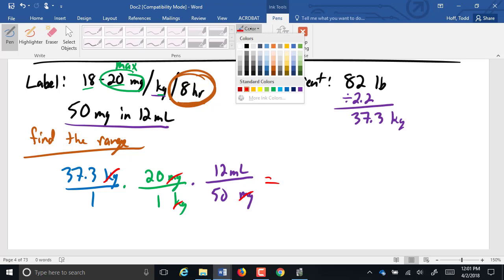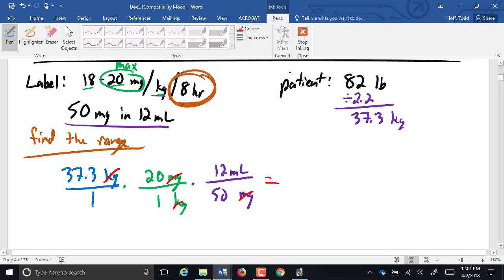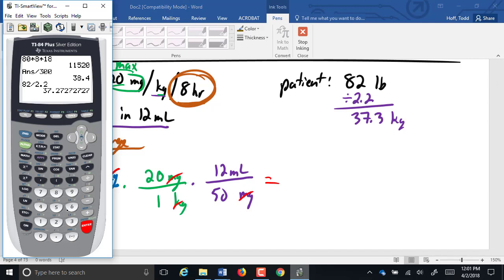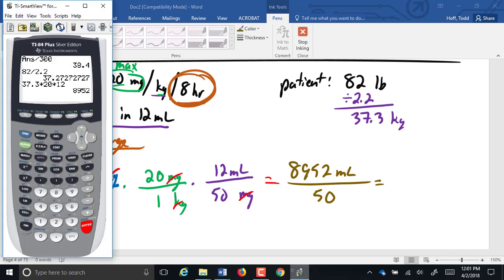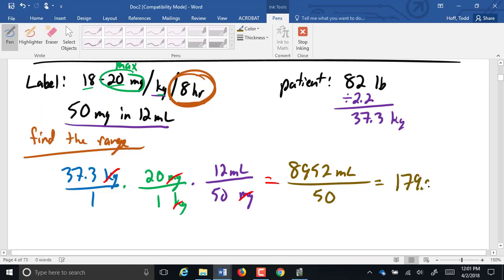So now we will multiply that out. 37.3 times 20 times 12 is 8,952. On top, our only units right now are milliliters. On bottom, 1 times 1 times 50 is 50. We divide by 50, which gives 179.04 milliliters. So that would be on the high end of what we would administer.